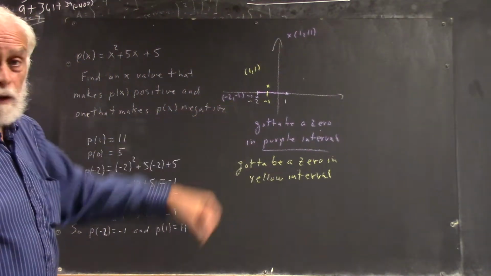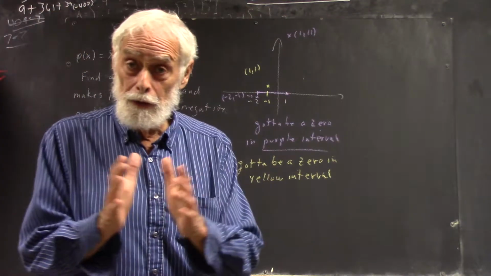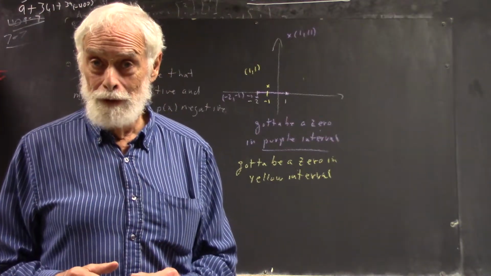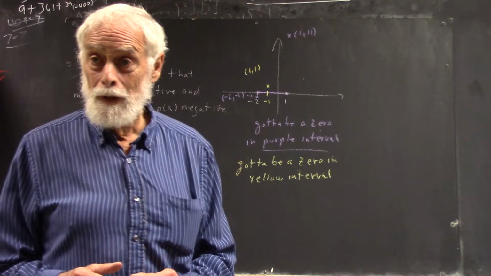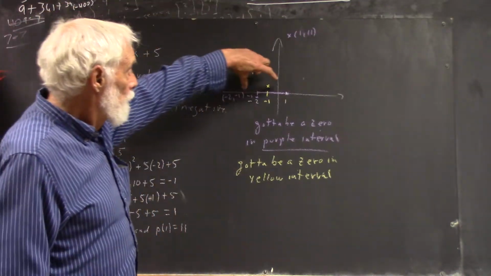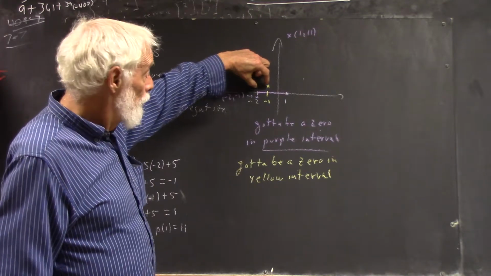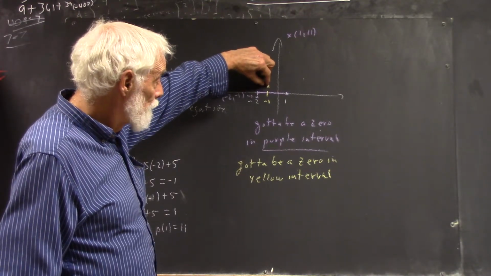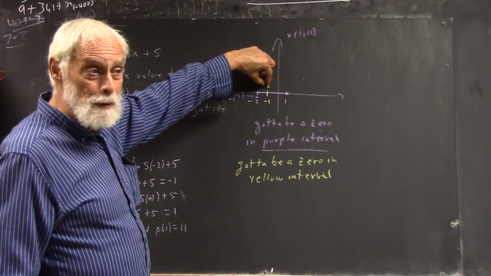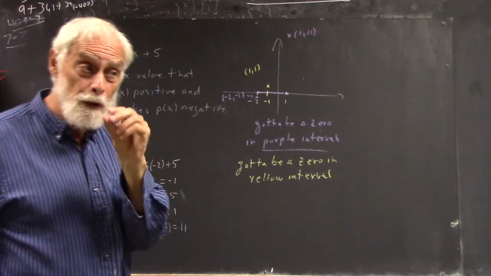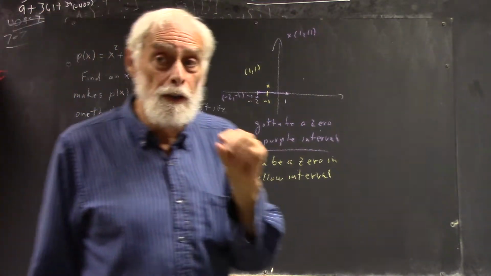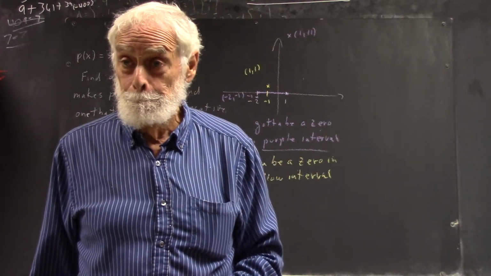But you can use the intermediate value theorem to squeeze those zeros down as close as you want to. Okay? Because that's what we're doing. We know the zero is in this interval, now we've squeezed it down to this interval. If we evaluate the function here, we squeeze it down to a smaller interval. Keep cutting those intervals in half, and pretty soon you got a pretty tiny interval, so you know very nearly where that 0 is, right?